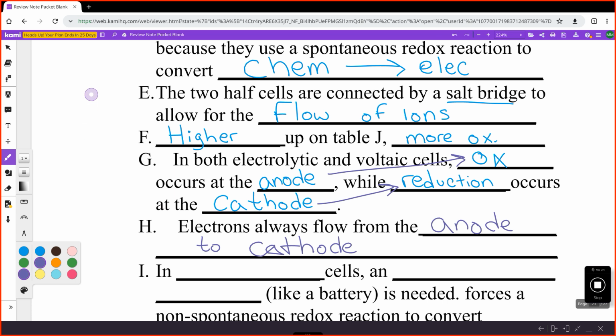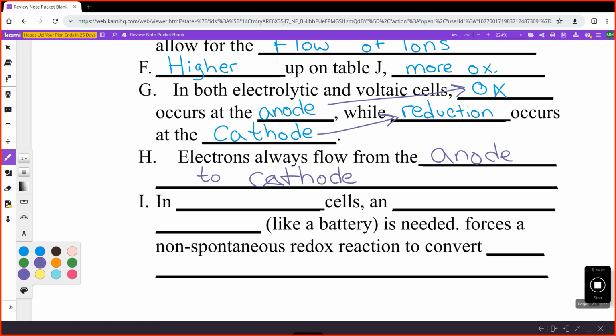And the last thing before we move on to the little example is, let's just talk about an electrolytic cell and how it's different. An electrolytic cell is opposite of a voltaic cell in many ways. The one way it's not opposite is the anode is oxidation and the cathode is reduction.